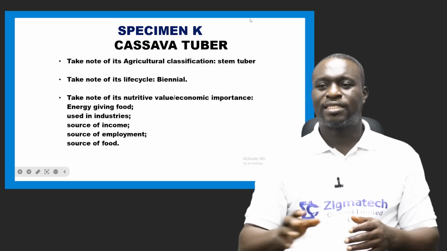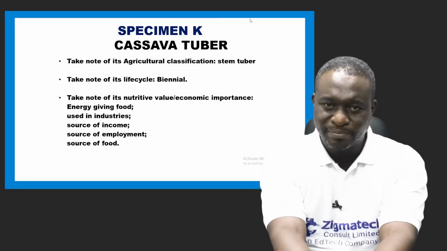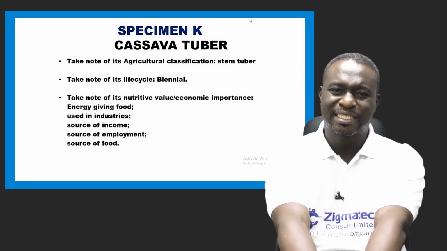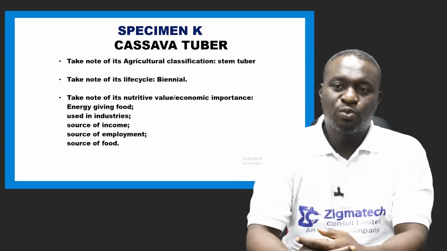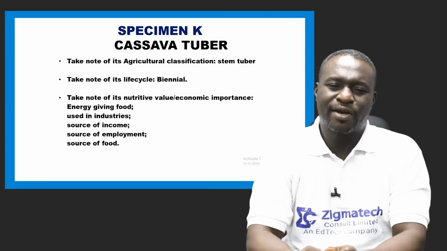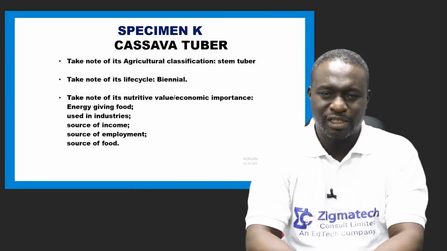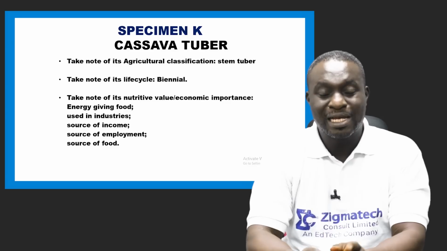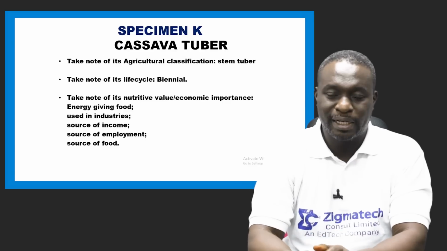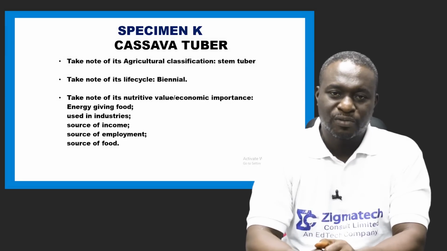All right? Next is specimen K, and specimen K is cassava tuber. Now, cassava tuber, take note of the agricultural classification of it. It is a stem tuber, all right?